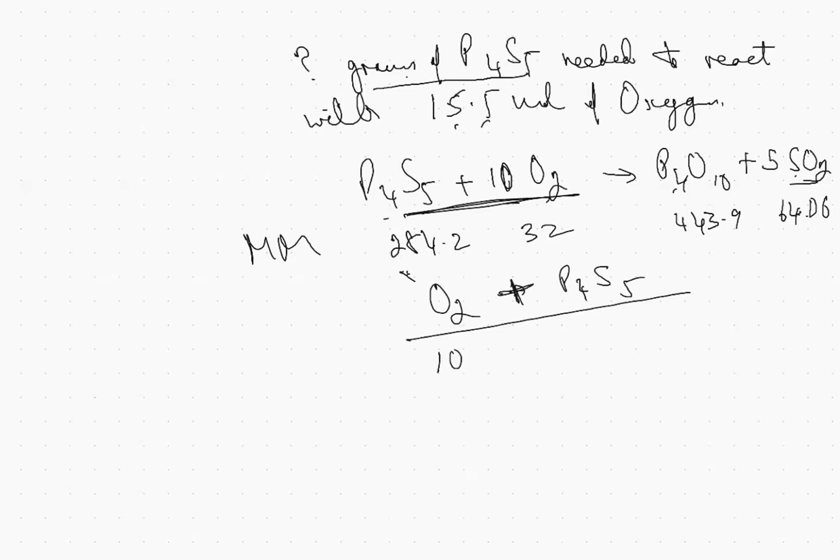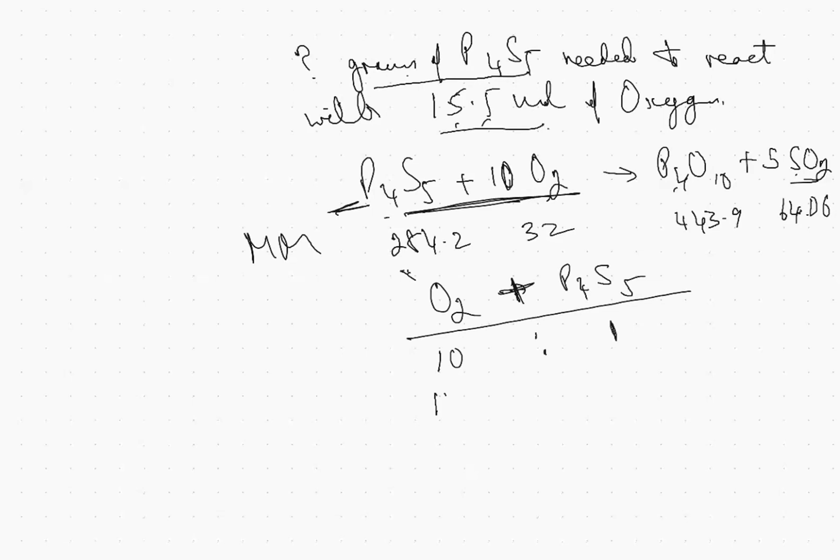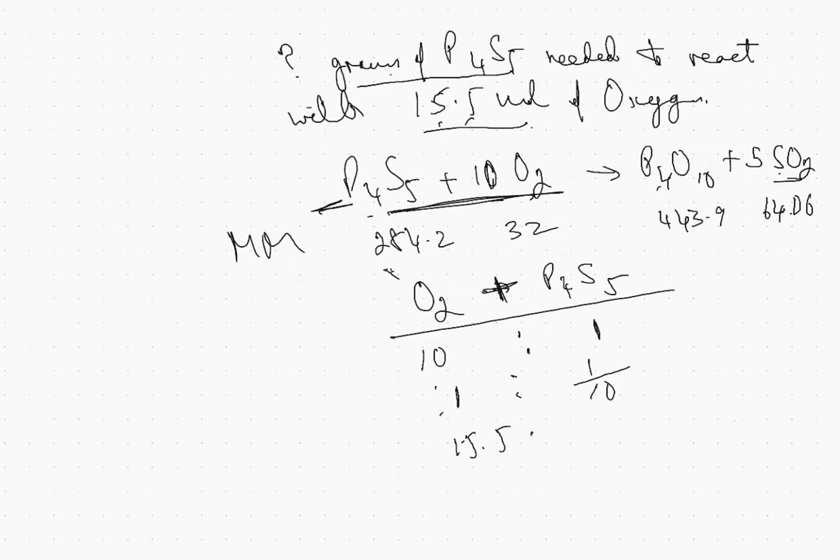They're asking about 15.5 moles. 10 moles would need only 1 mole, so 1 mole of oxygen would need only 1/10 of P4S5. Then 15.5 would need 1/10 of 15.5. I get 1.55 moles of P4S5.